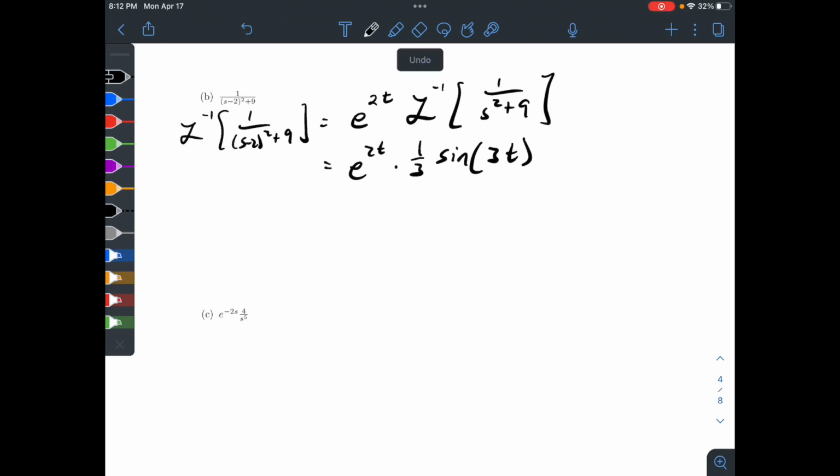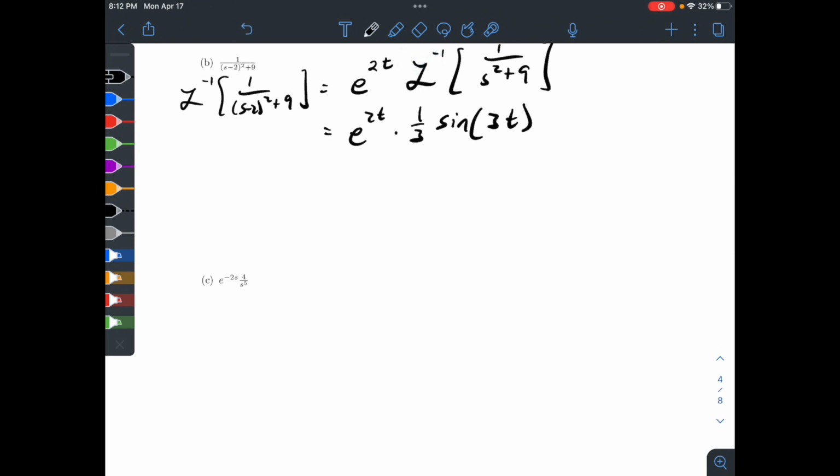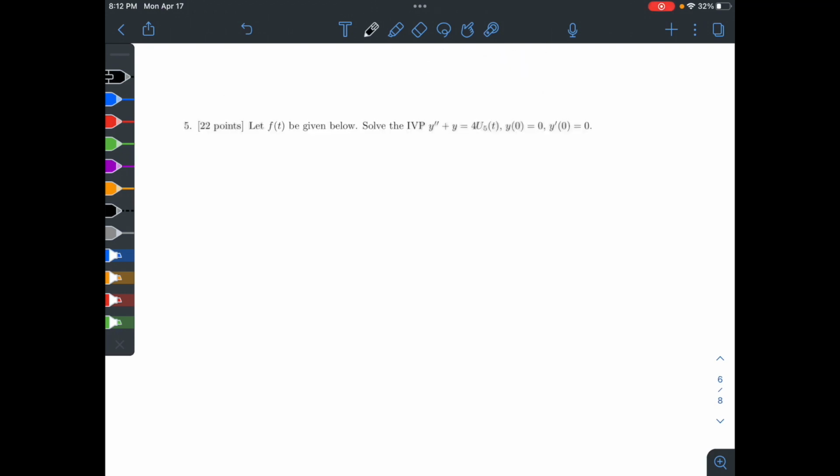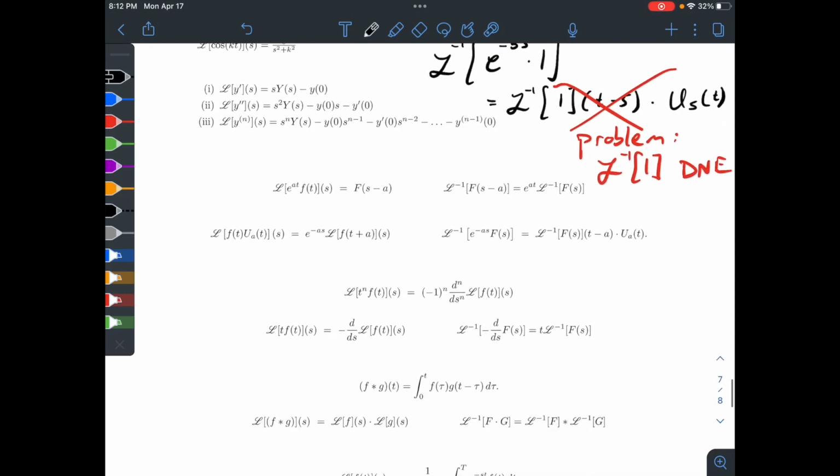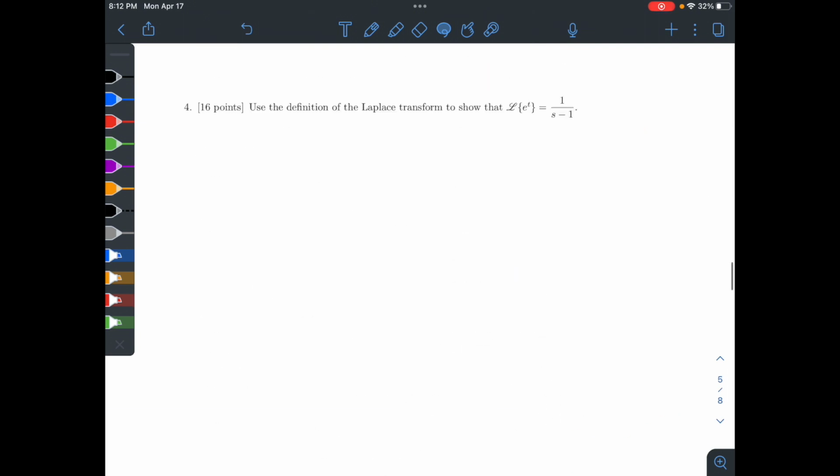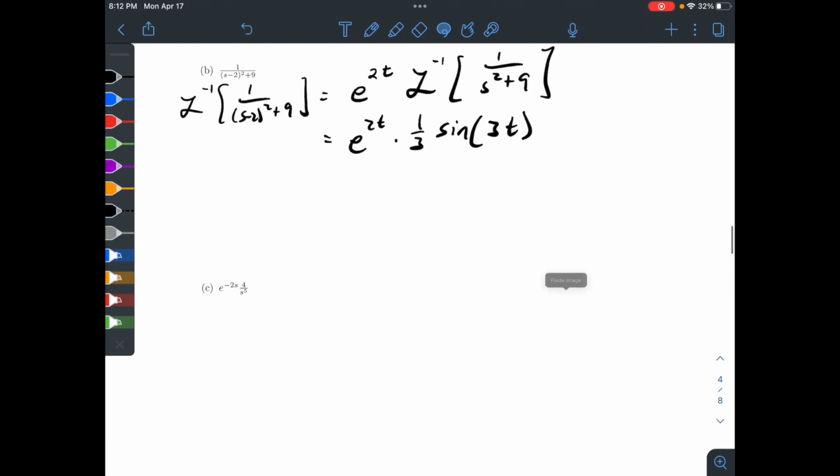Okay, last one, we have e to the negative 2s times 4 over s to the 5th. Let's just copy the thing over here. So we have e to the negative 2s times some function that we can do the inverse Laplace transform of.